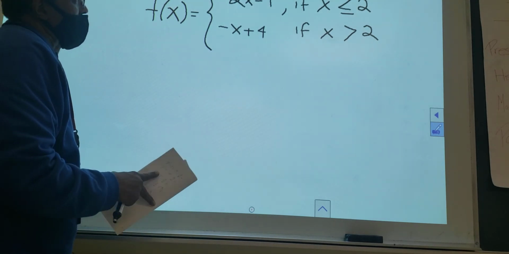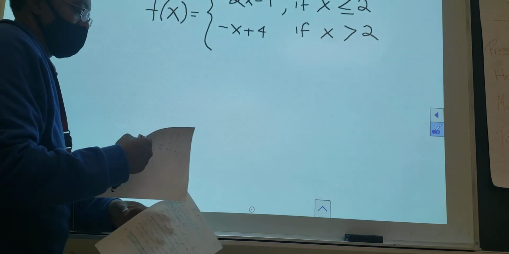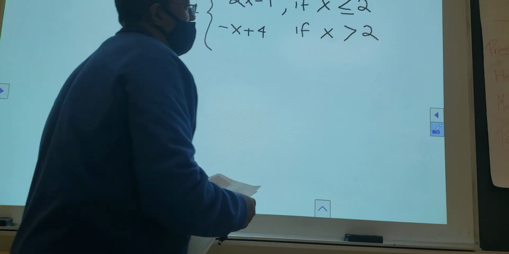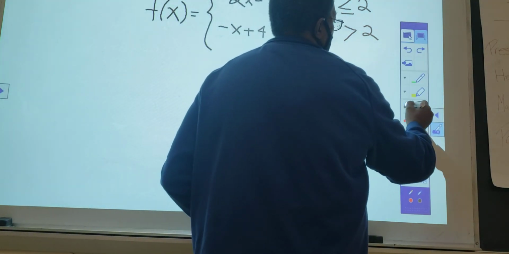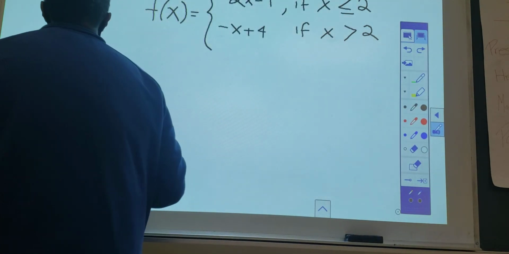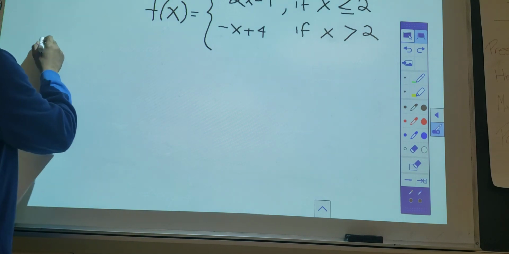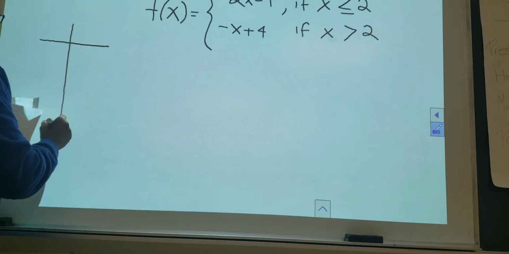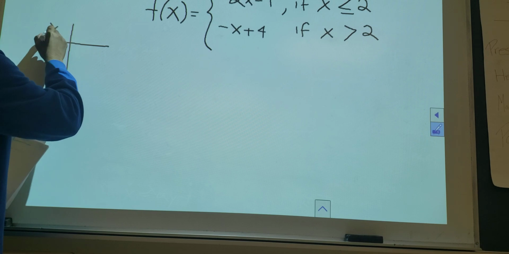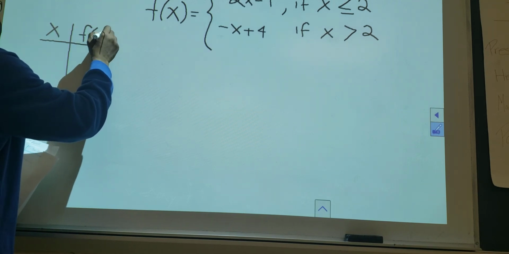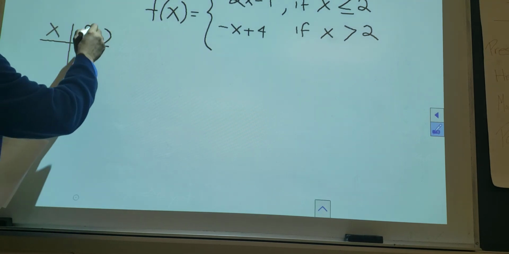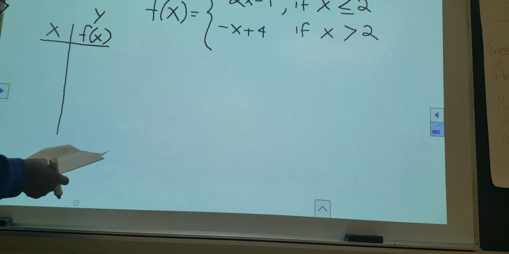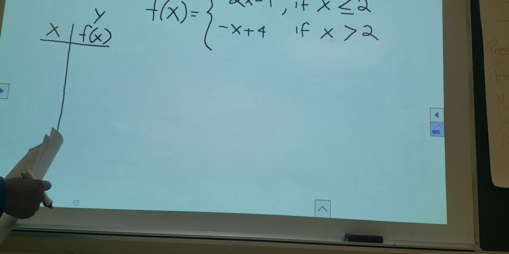So let's go ahead and show you how to graph this. Let's do a T-table, a table of values. Have x here, f of x here, and this is y, same as y. So let's take that first one here.